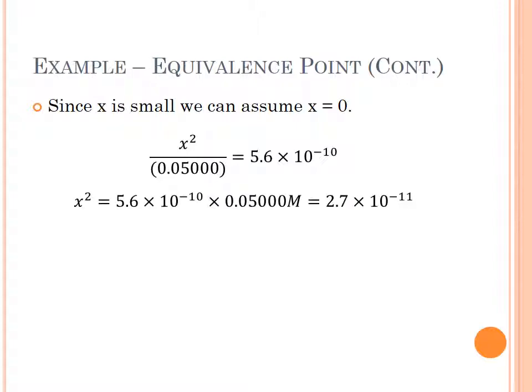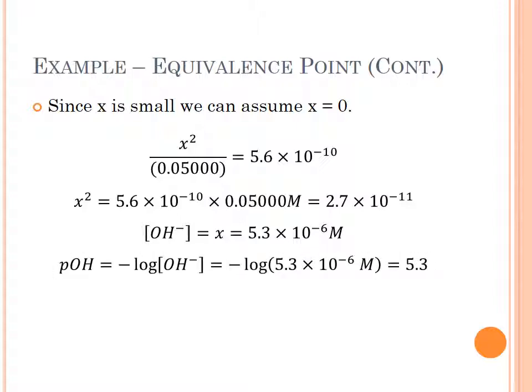Solve for x, and we find the hydroxide is equal to x, which is 5.3 times 10 to the negative 6 molar. Take the negative log of that to get the pOH: negative log of 5.3 times 10 to the negative 6 is 5.3. Subtracting from 14, we get a pH of 8.7.